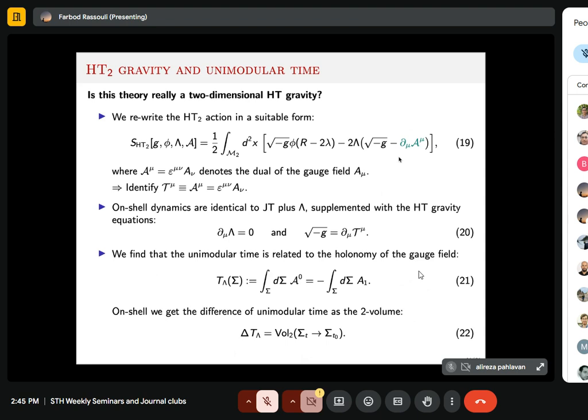But what you're saying is interesting, especially from the JT point of view, maybe Behrad is more into this. This topology changing, in the context of JT gravity, I'm sure has some consequences.